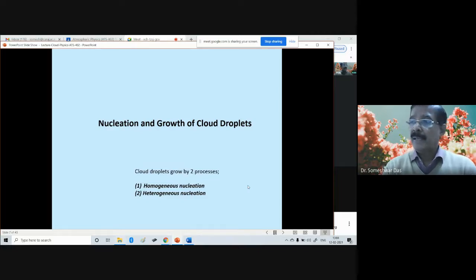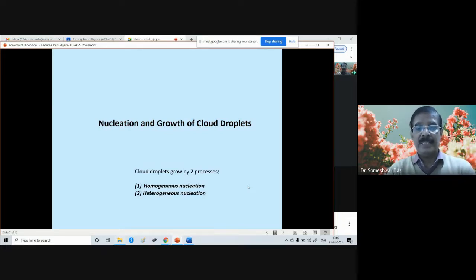Okay. In the real atmosphere, generally we have the heterogeneous nucleation, because homogeneous nucleation means the absence of aerosols, whose characteristics are similar to that of the water vapor, right? In other words, in the homogeneous nucleation, we expect that the water droplets would form by itself because of supersaturation.